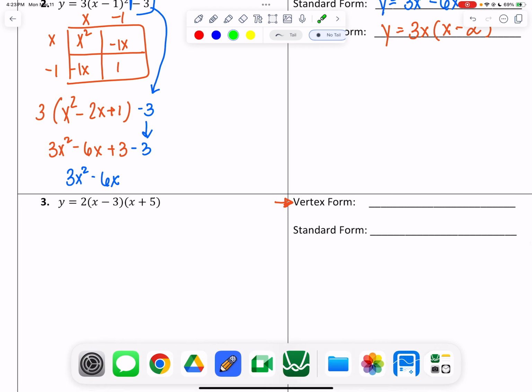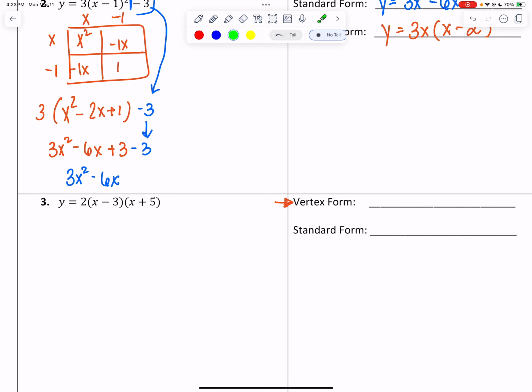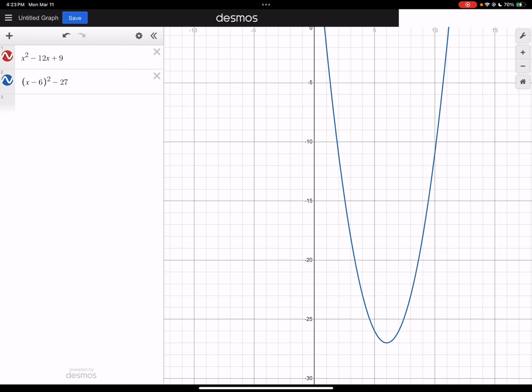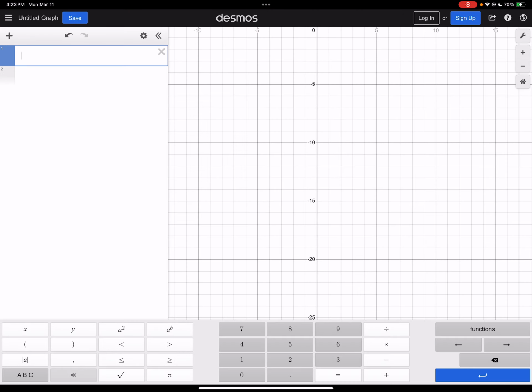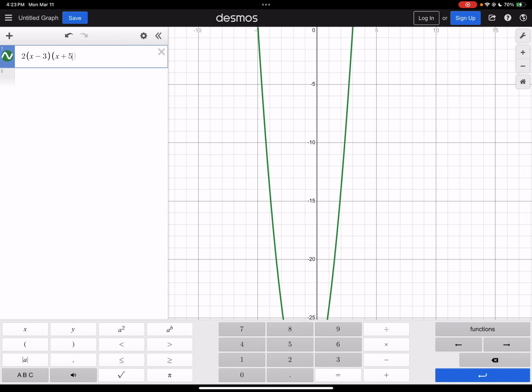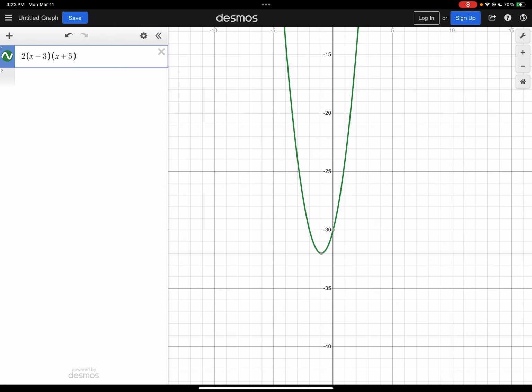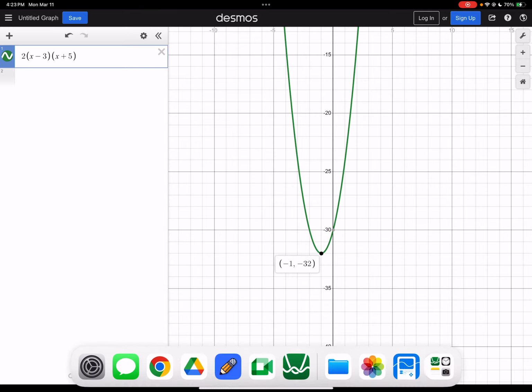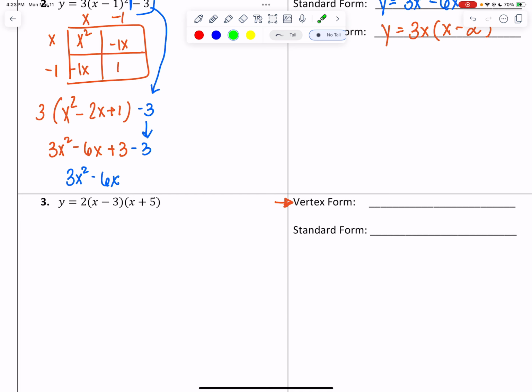So for vertex form right here, I am going to go ahead and put this into the calculator on Desmos, and I am going to do x minus 3 and x plus 5. Now, this tells me that my vertex is at negative 1, comma, negative 32.